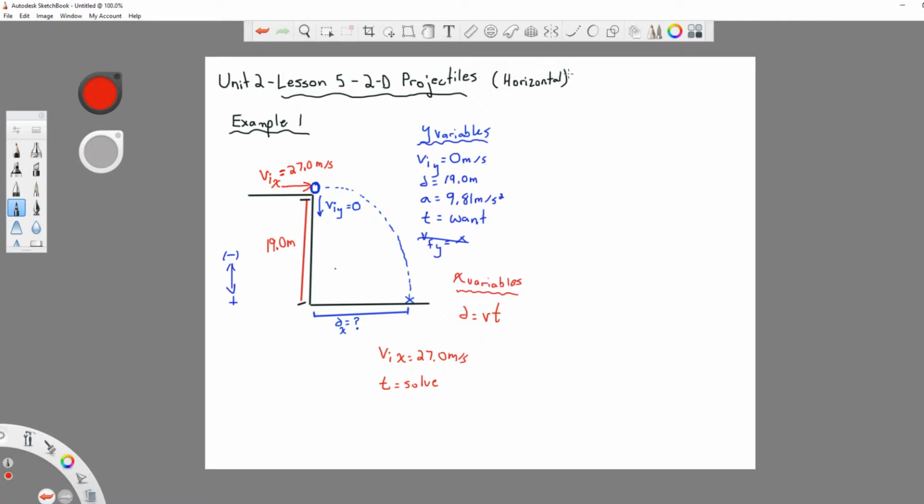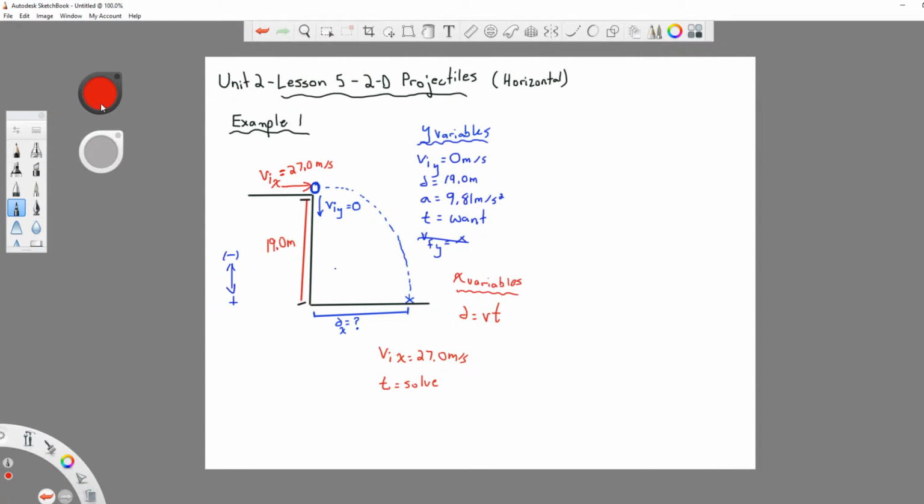Well, let's do that. We need to find what formula is going to work in this place, the formula that excludes final velocity.